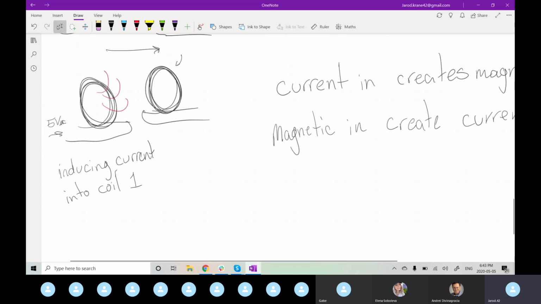So if we have coil 1 being fed some current, it'll create a magnetic field about it. And then coil 2 is able to pick up off of that magnetic field and start to induce a current on it in its own sense. So we now have a source of power coming through into coil 2 in the form of a magnetic field, and then we'll be able to see current flow coming out.